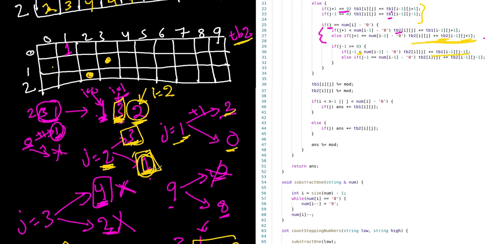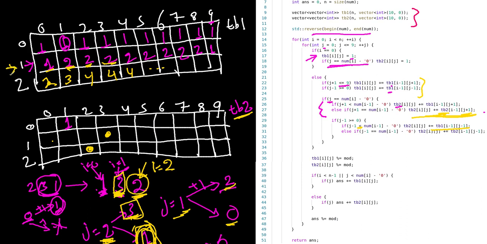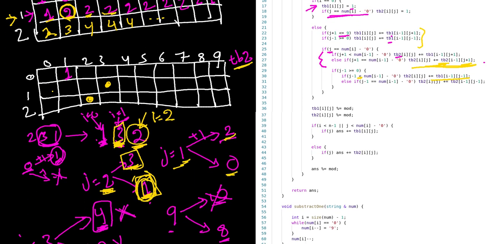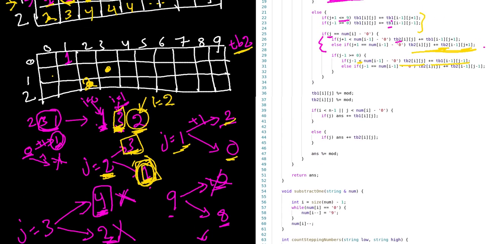So what is the value at the previous index with value equal 1? Previous index is this, j equal 1, or the value is 1, so the value is 2, the answer is 2. We use this answer 2 to add it to the current TB2 value, which is TB2 of ij.